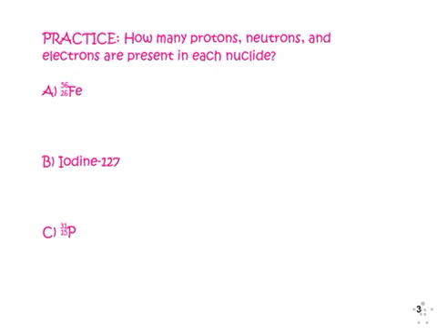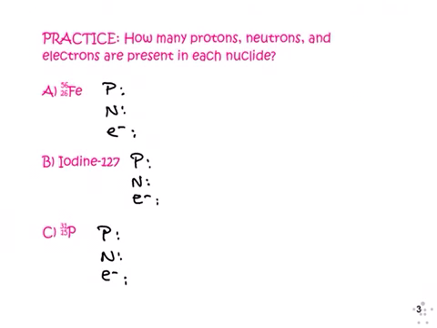So let's practice a couple of these. How many protons, neutrons, and electrons are present in each of these nuclides? Starting with iron, how many protons will we have? 26.